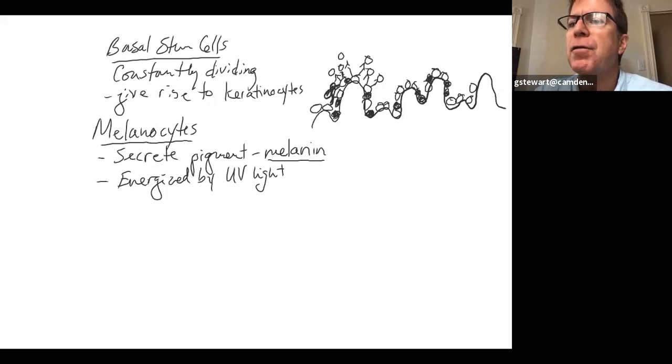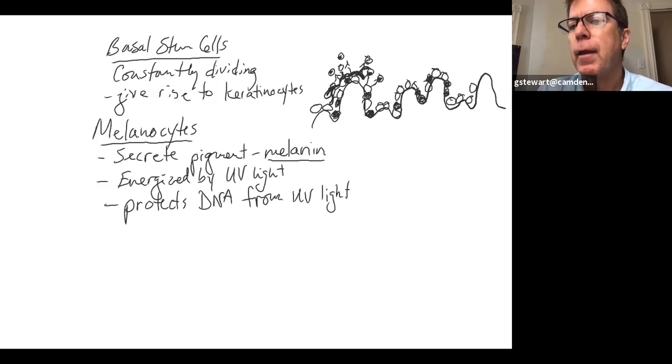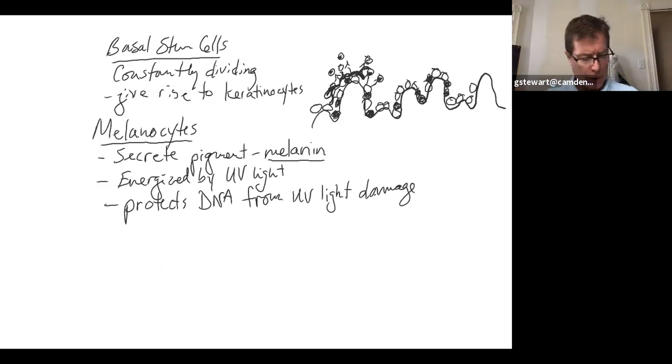So the pigment itself is secreted by the dark cells, the melanocytes, and it not only covers cells in this space, in this area, but it infiltrates inside of the keratinocytes, in the cytoplasm. This is all a protective mechanism. And what it does is it protects particularly the nucleus, the DNA found in the nucleus of these cells, from UV light damage. Okay.